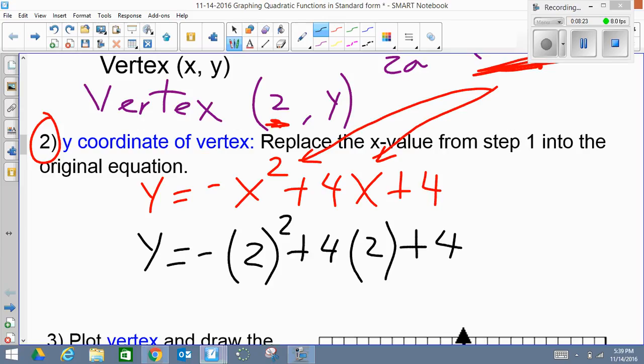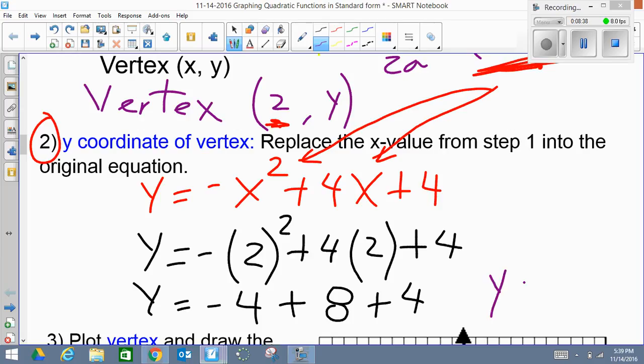Okay, from here I'm going to have y equals -2 squared is 4 plus 4 times 2 is 8 plus 4. Therefore the value of y equals -4 plus 8 plus 4, which is going to give me 8.